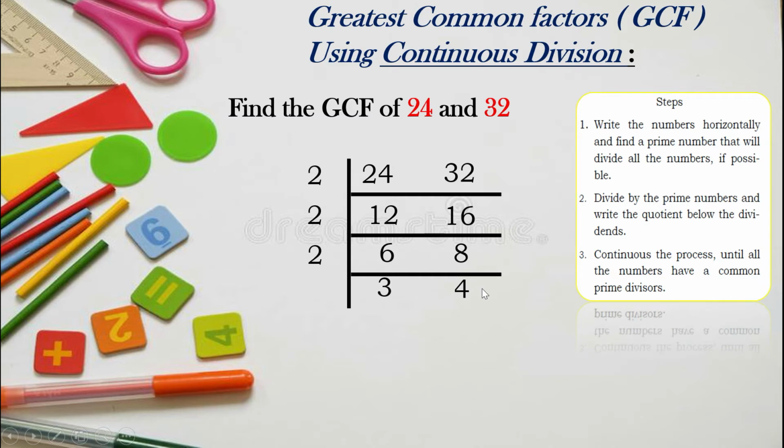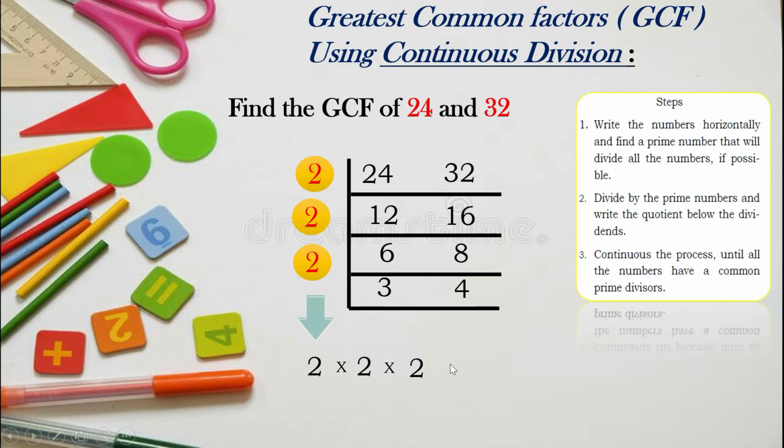So, how do we get the GCF? Let's look at the left side, which we made the divisors. We have 2, 2, and 2. So, three 2s are our divisors. To find the GCF, you are going to multiply the 3 divisors. So, 2 times 2 times 2 is equal to 8.